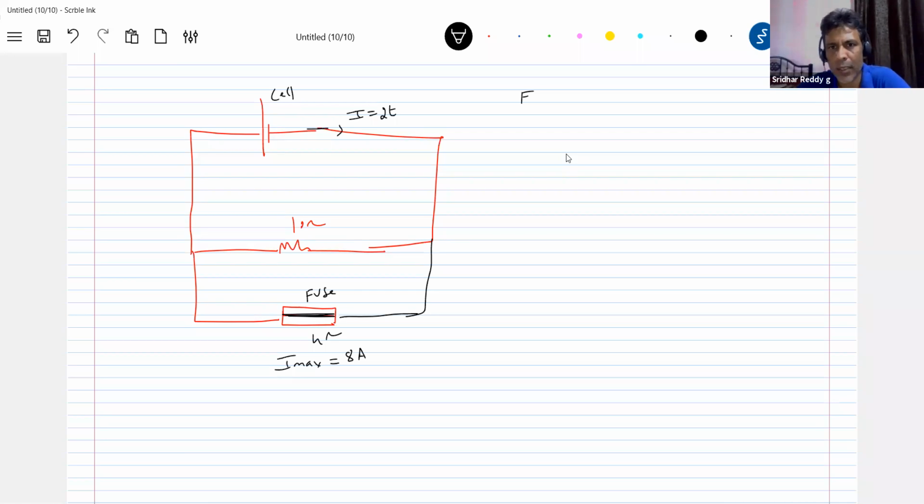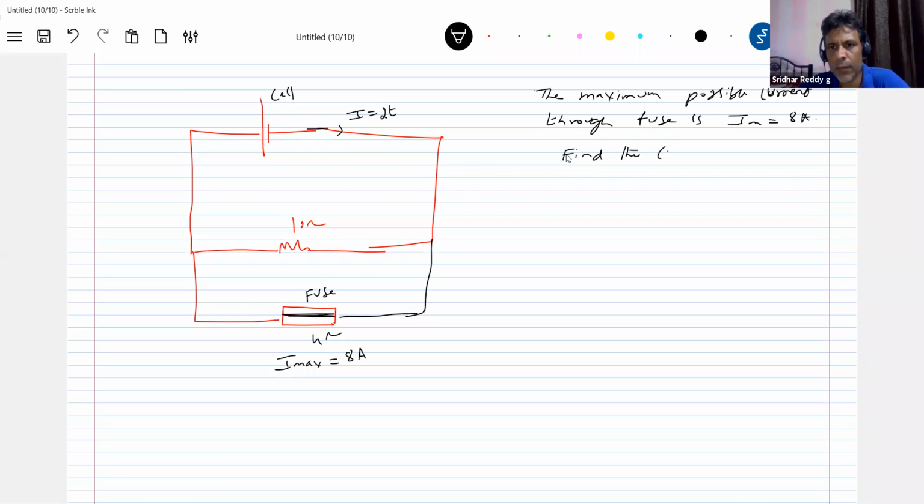So what is the maximum possible current through the fuse? I max is equal to 8 ampere.